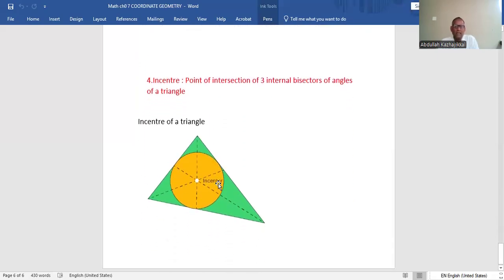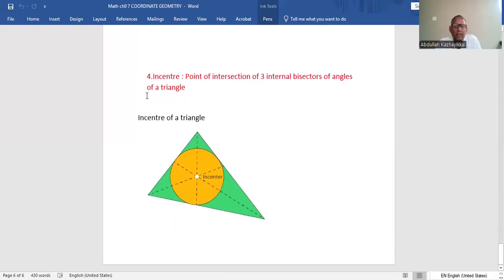Now come incenter. If you are remembering incenter and circumcenter, no confusion. Incenter is the point of intersection of the internal bisectors of the angles, inside. So the circle will be inside. Don't confuse, this circle is not touching the vertices. This circle is touching the three sides. In incenter, the circle is inside.